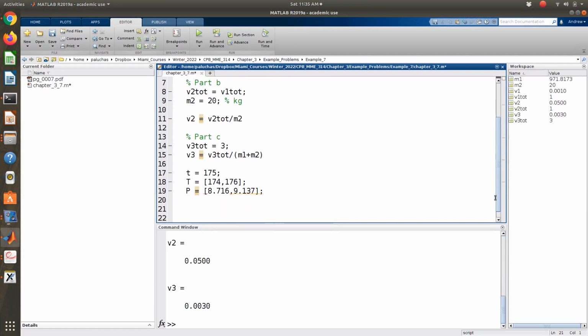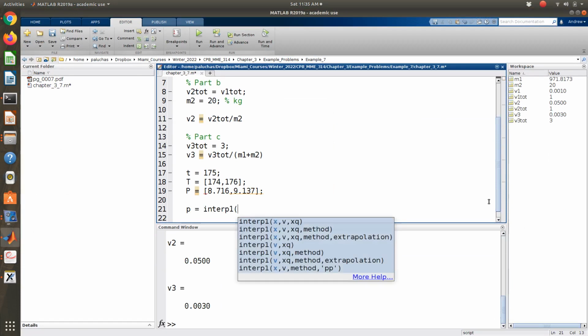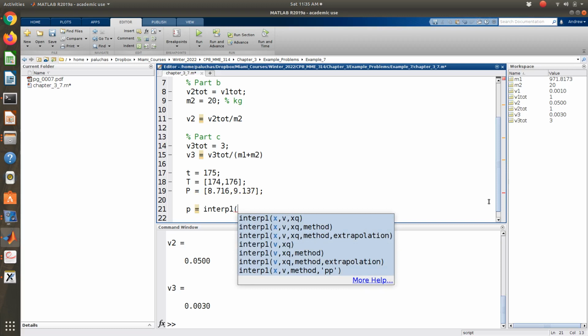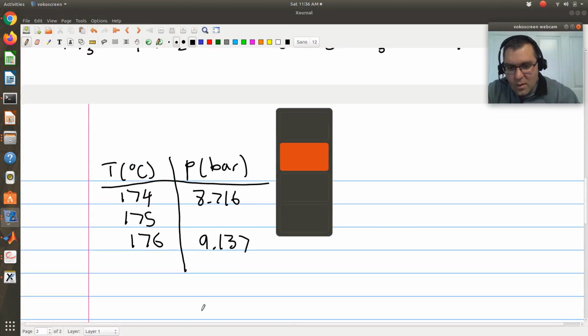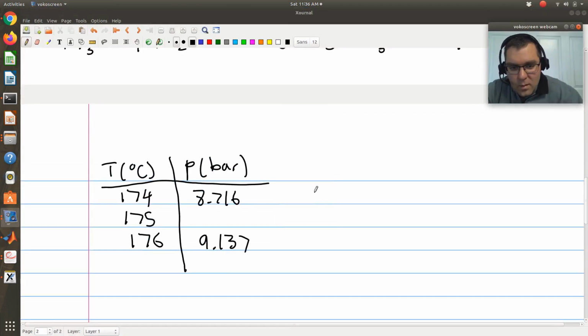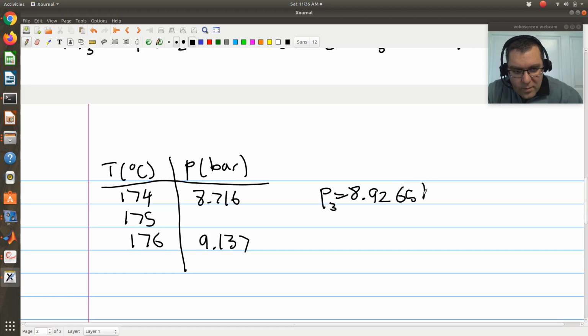To estimate P, I'll use interp1, so linear interpolation. My independent variable would be T, and I estimate the value of P at that T. I get a pressure of 8.9265. So P is equal to 8.9265 bar.